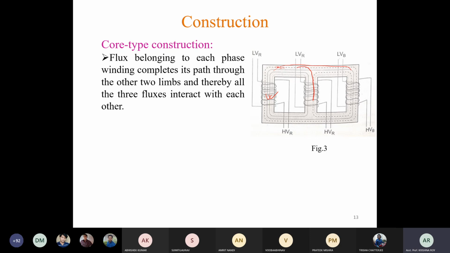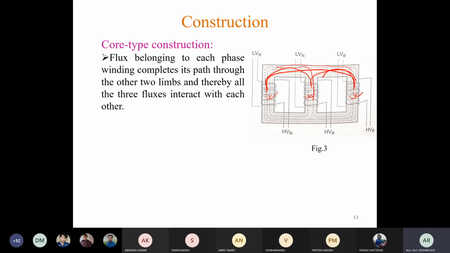Similarly, the flux which is produced by this coil will complete its path through this line as well as this line, and it is also true for this winding. The flux produced by it completes its path through this line as well as through this line.